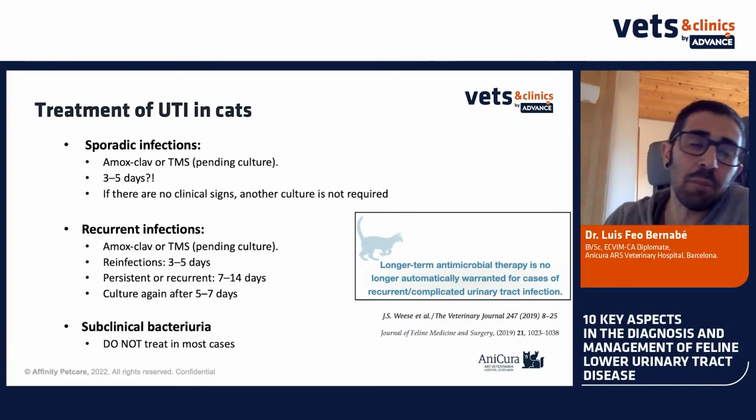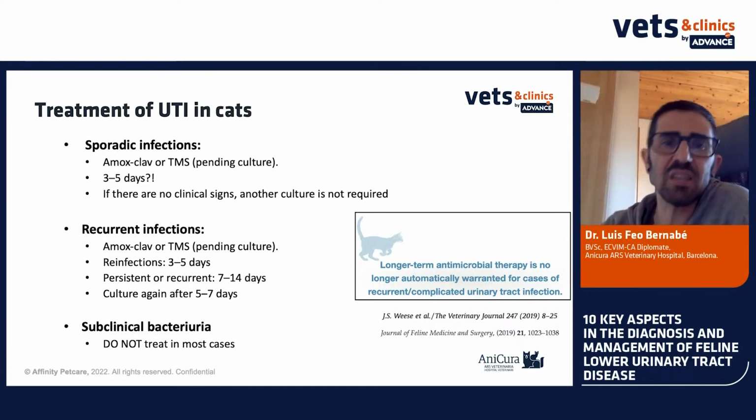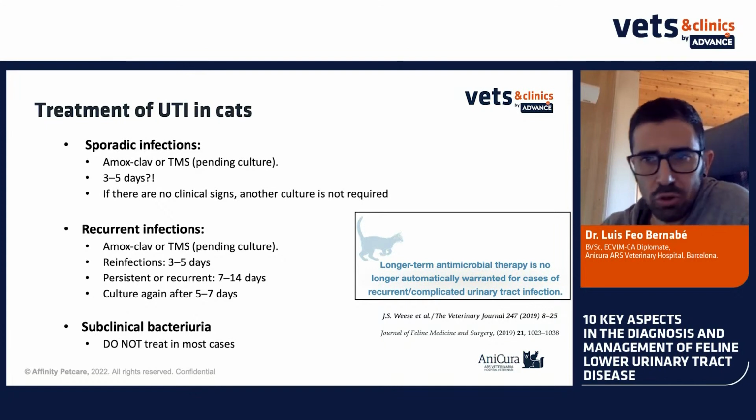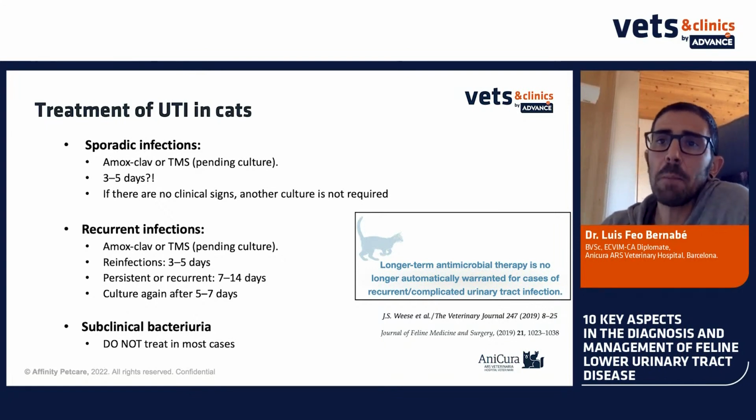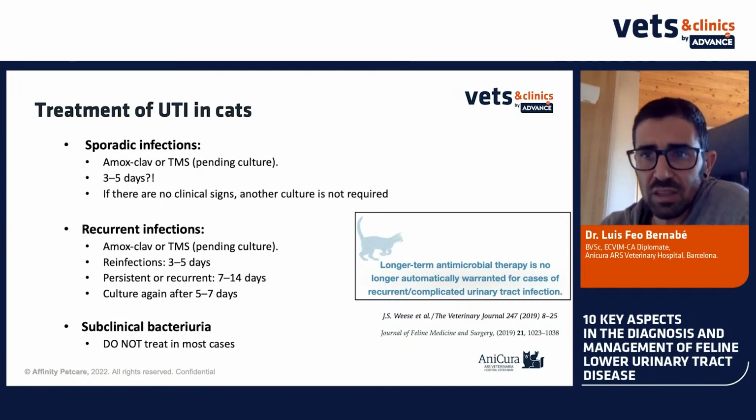But probably the big difference is in the recurrent infection, what we previously called complicated infection. We also start with amoxicillin-clavulanic or TMS, depending on culture, because maybe you have to change if you have a bacteria that is quite resistant to this type of antibiotics.